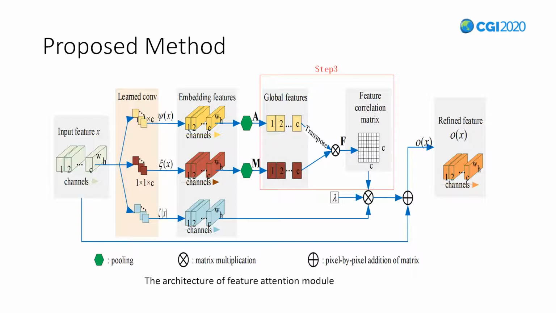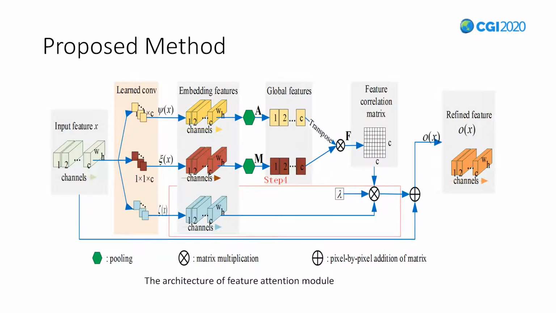Consequently, the resulting covariance matrix F has clear physical meaning. For instance, its i-th row indicates the statistical dependency of channel i with all channels. By exploiting the interdependencies between channel maps, we could emphasize interdependent feature maps and improve the feature representation of long-range spatial dependencies.